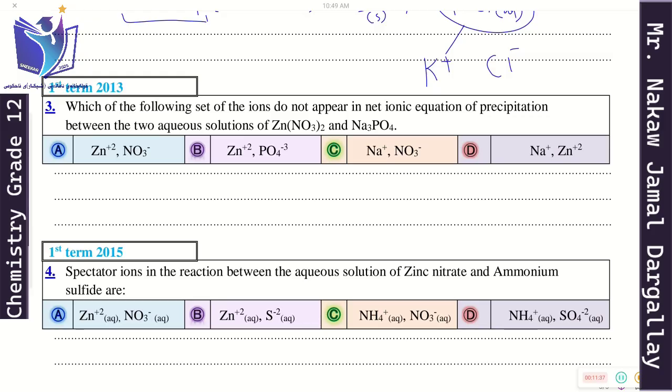Question number 3. Which of the following sets of ions do not appear in the net ionic equation? Also, that means spectator ions.